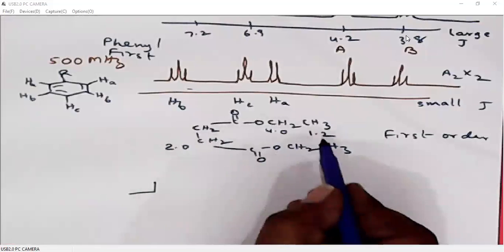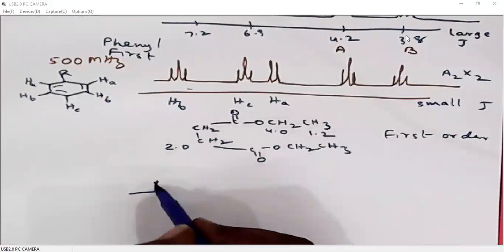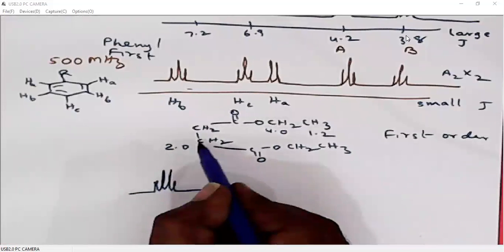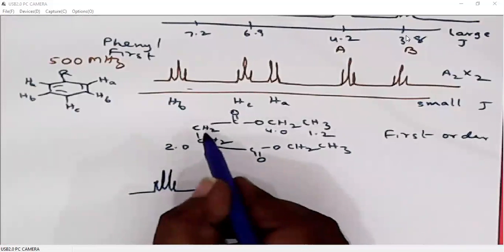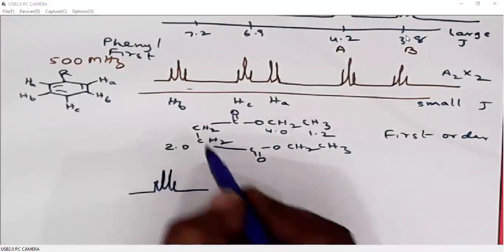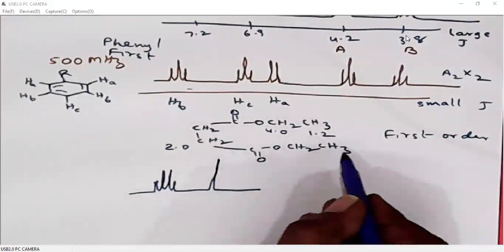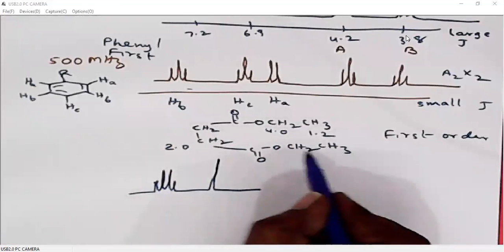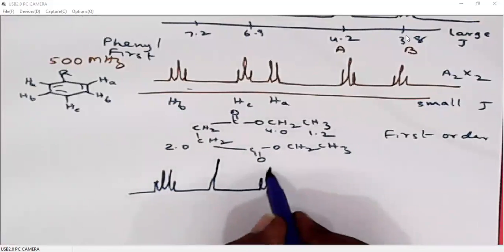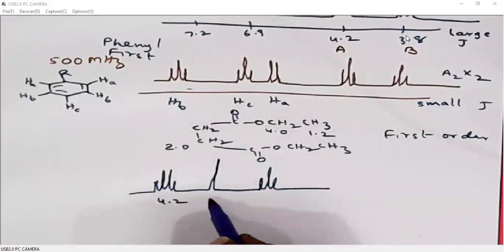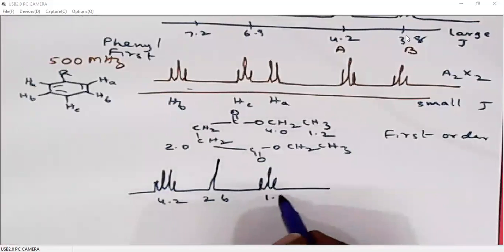So this gives a quartet because it has 3 alpha hydrogens, and this gives a singlet because it has chemically equivalent protons. Then this gives a triplet, and the values are 4.2, 2.6 and 1.2.